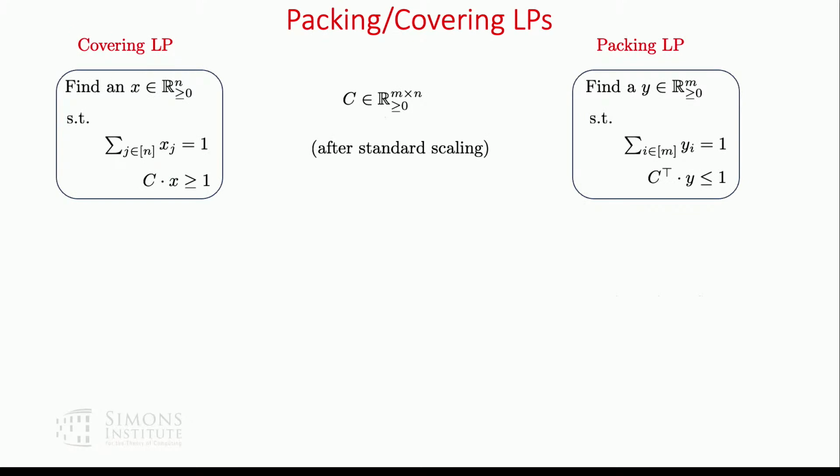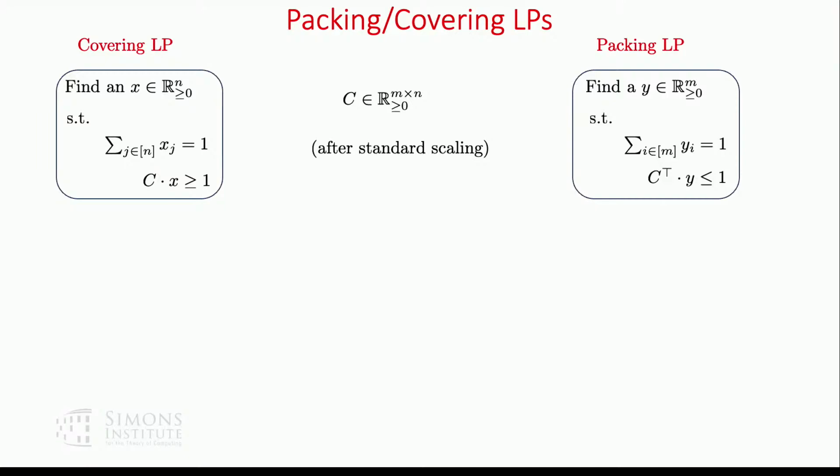Okay, so what are our main results? Let me precisely define packing covering LPs first. After doing some very standard scaling, which I will ignore, the problem looks like this. We are given a constraint matrix C. All the entries in this matrix are non-negative.